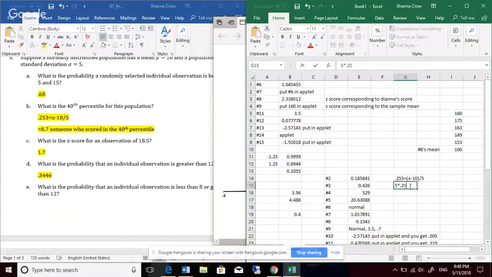I enter into my calculator what it says.